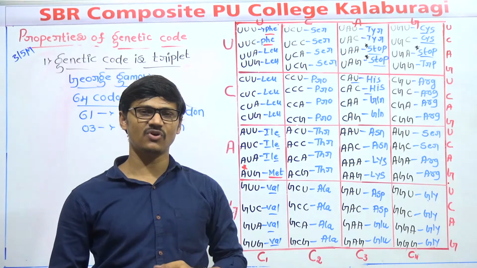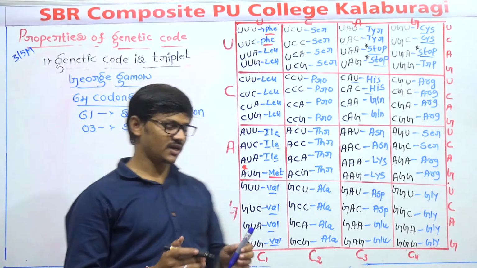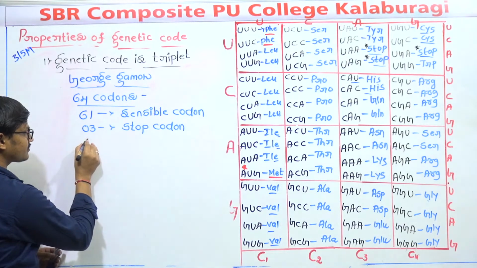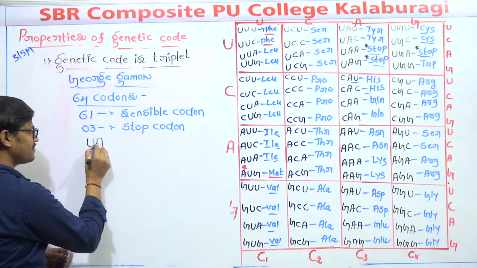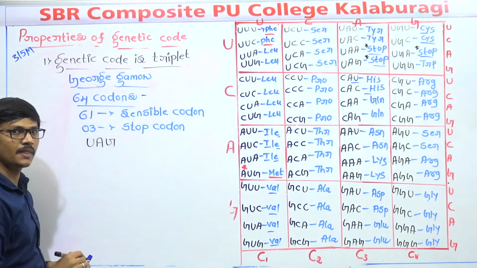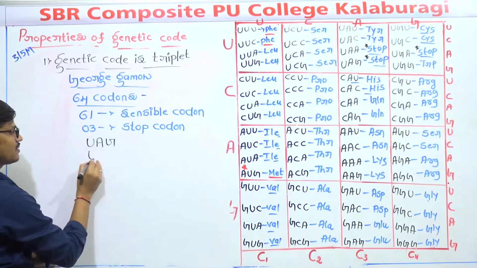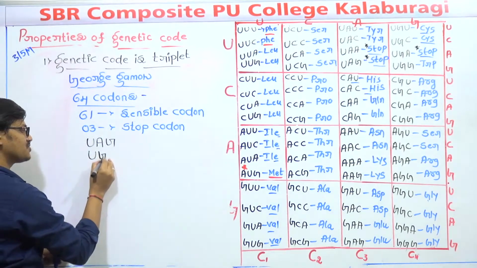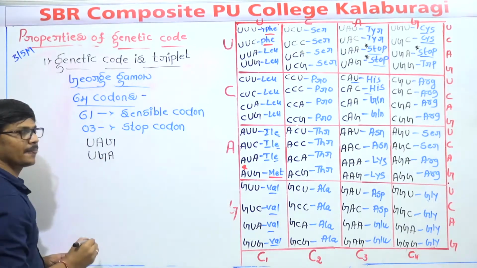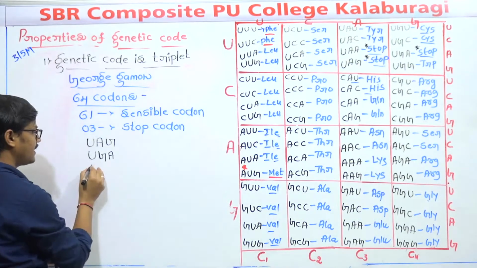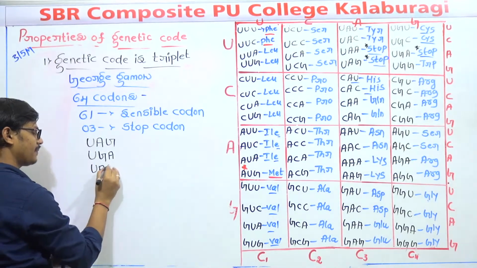Give an example for stop codons. What are the three stop codons? One, here I'm writing UAG, right? See, UAG, UGA, and UAA.